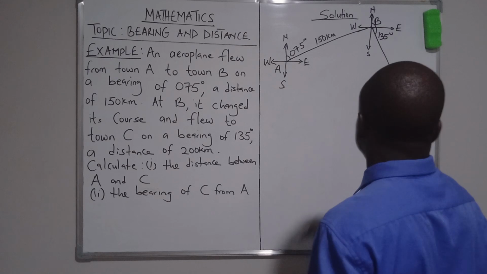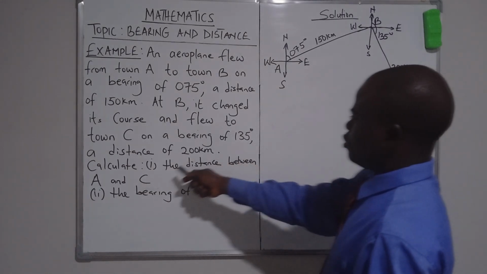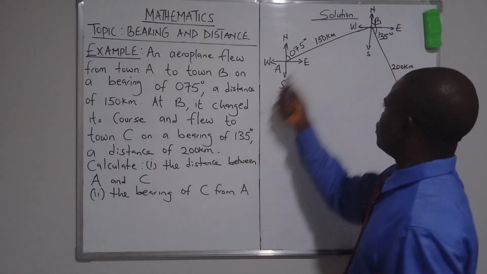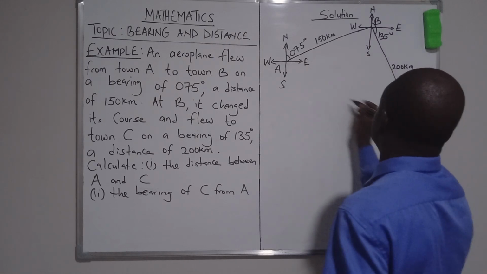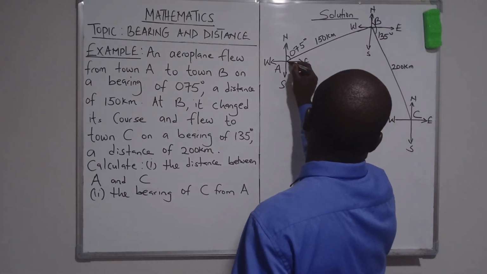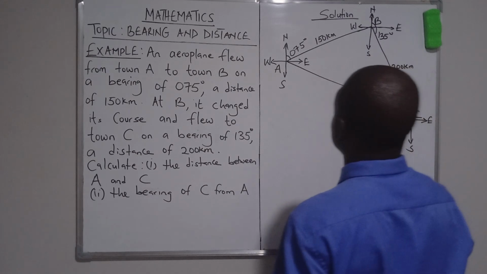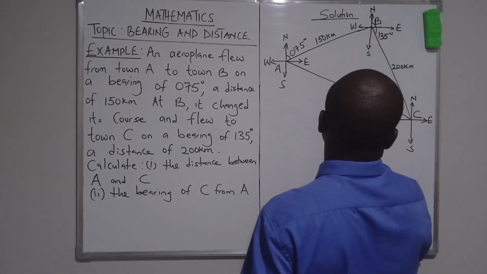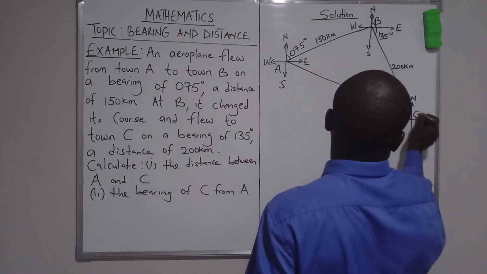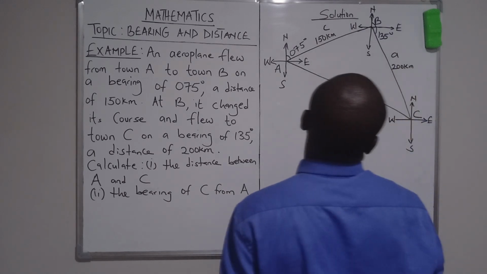Okay, and we also calculate the distance between A and C. Now this is small letter b opposite to this angle, this small letter c and this small letter a.